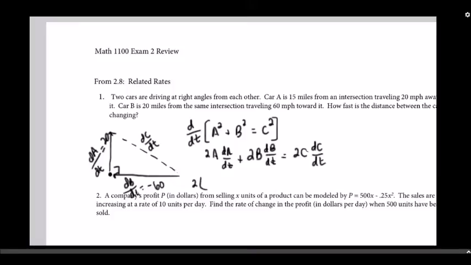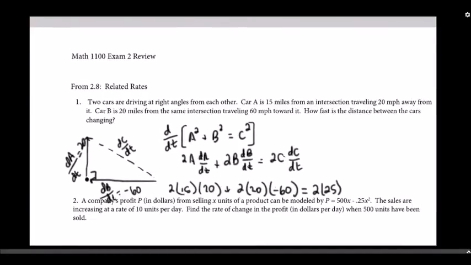2 times A, which is 15, times dA/dt, which is 20, plus 2 times b, which is 20, times dB/dt, which is negative 60, equals 2 times 25 times dc/dt.